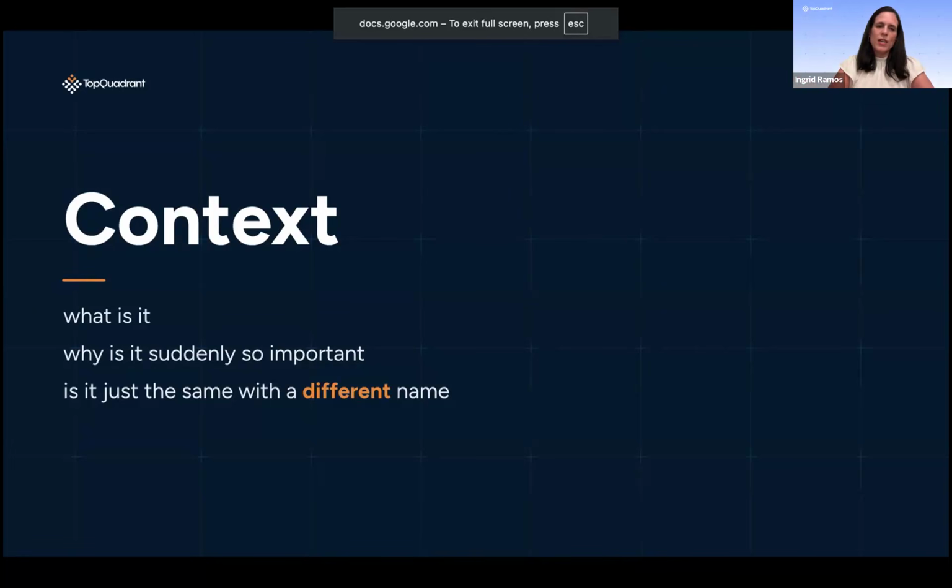So, whatever we're calling it, I do appreciate the word context and how we're referring to it now, because I think it's a little more accessible than perhaps the way it was being framed previously in our data and AI world. But why are we calling it this? What is it? Why is it suddenly so important? And is it just the same thing we've all been doing in the semantic world with a different name?